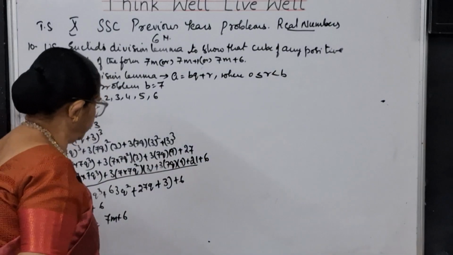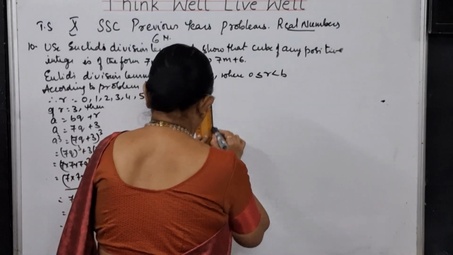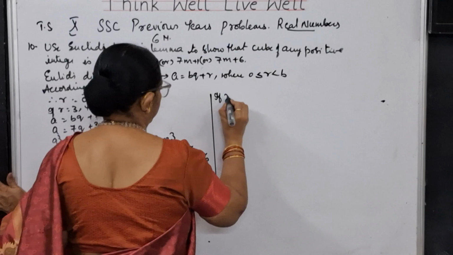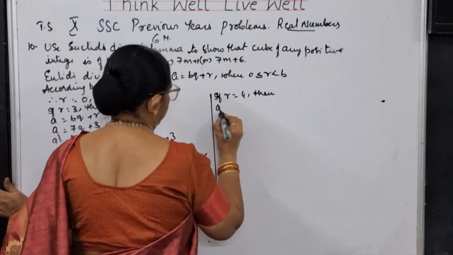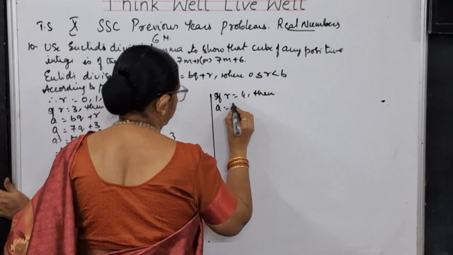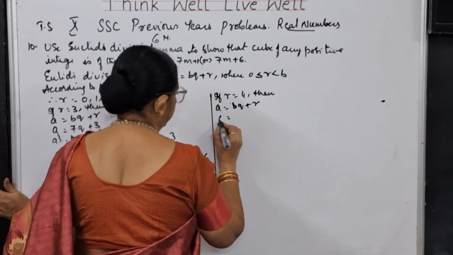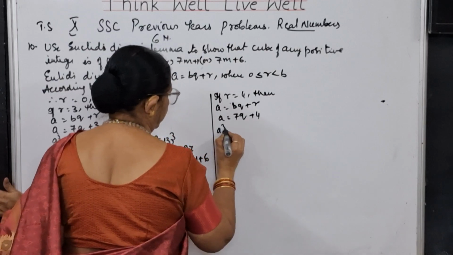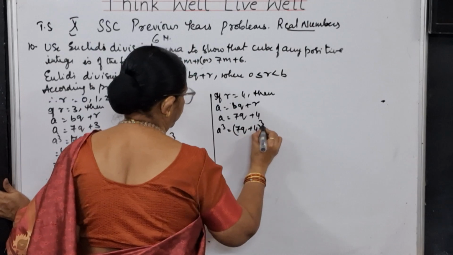Now, we need to go to r is equal to 4, then a is equal to bq plus r. That means a is equal to 7q plus 4. a cube is equal to 7q plus 4 whole cube.